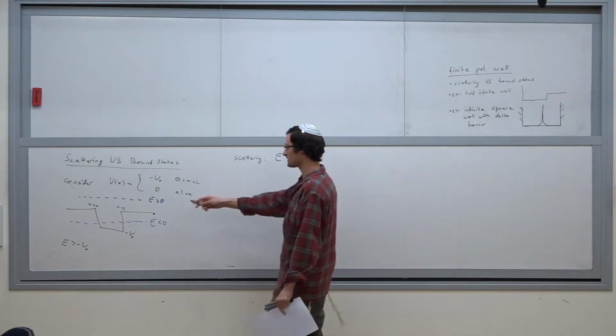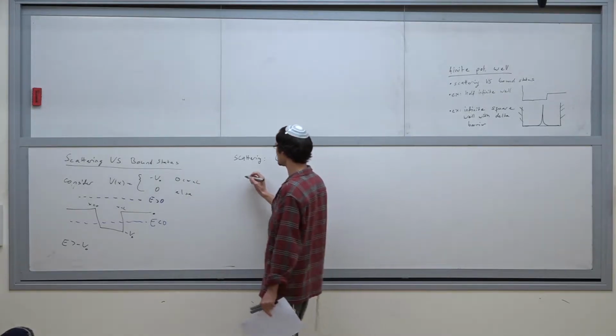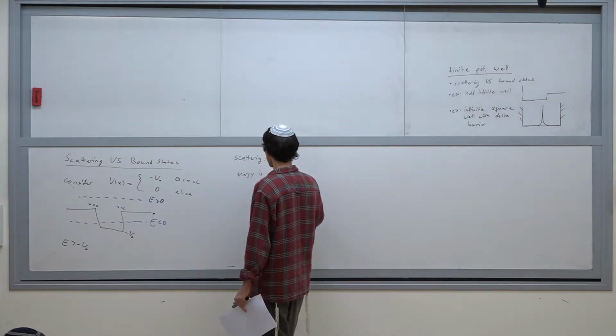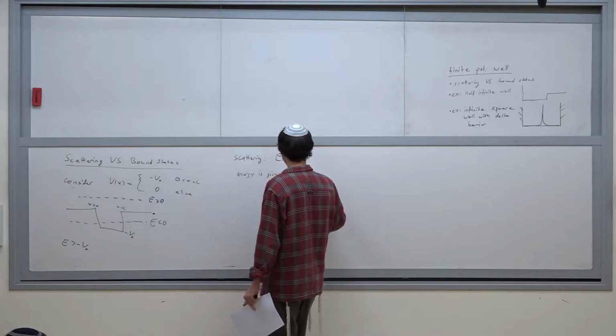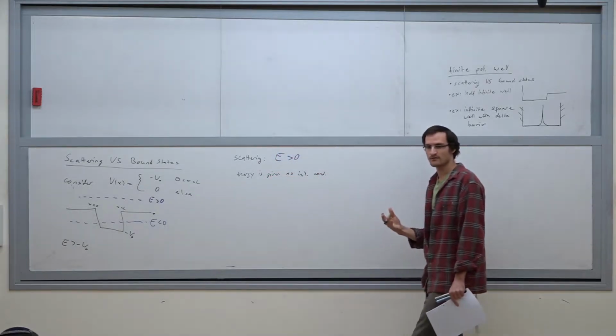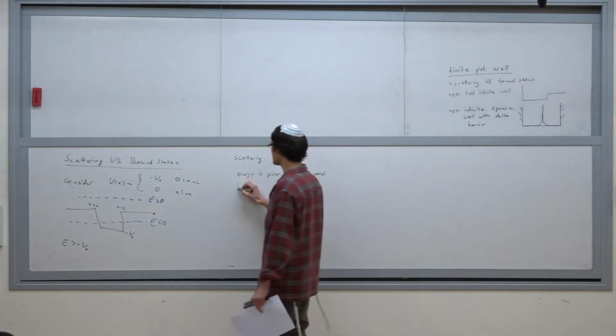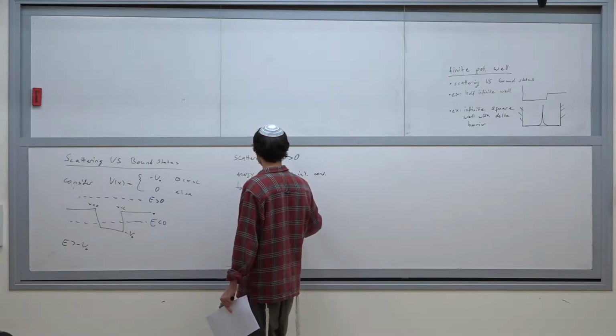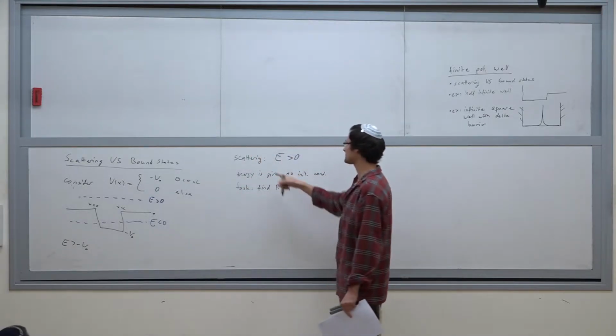The energy here, in the scattering problem, is given as an initial condition. We were not asked to find the energy, but the task was to find R and T, the reflection and transmission coefficients, as a function of the energy.